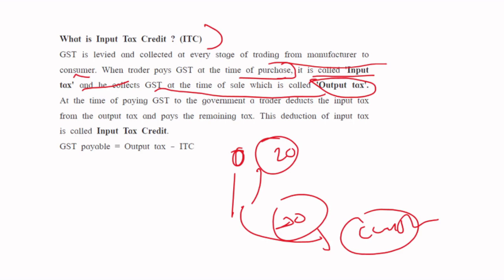The moment you take the amount from the customer, that becomes an output tax, and what you pay to the wholesaler is an input tax. What tax does the retailer then pay? There is a difference. GST payable is output tax minus ITC, and that becomes the payable tax for the retailer.